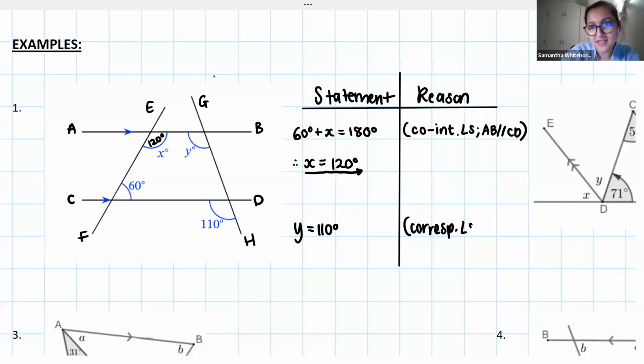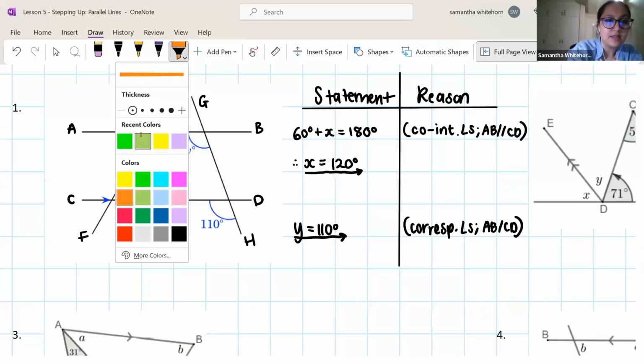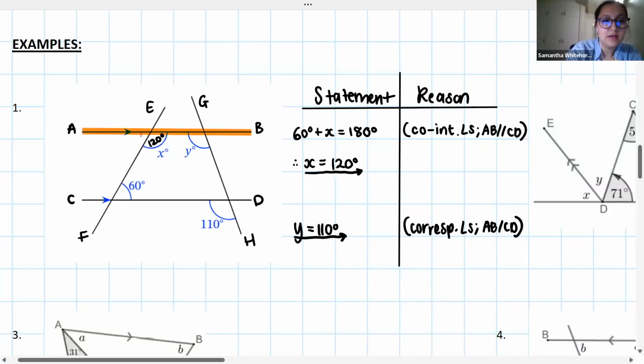Okay, so guys, exactly that. Nothing too stressful, nothing too complicated. I did just realize that I haven't actually highlighted the parallel lines, so hopefully you've all seen the shapes Lesedi was talking about there. If not, AB is parallel to CD.